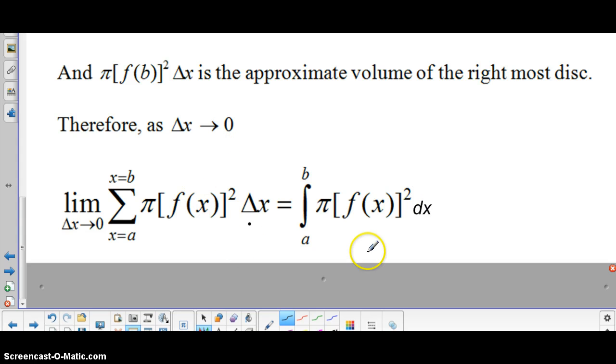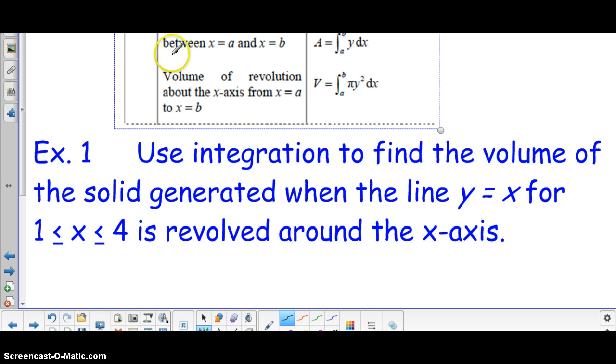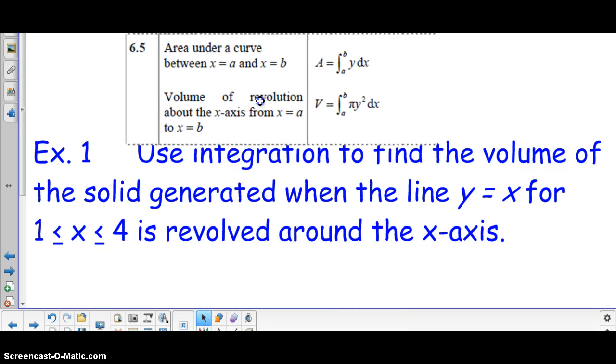This formula here is given to you in a little different format on the formula sheet, so let me show you how that looks. Let's pull this up some. It's right underneath our area under a curve formula. They call it the volume of revolution about the x-axis from x equals a to x equals b.